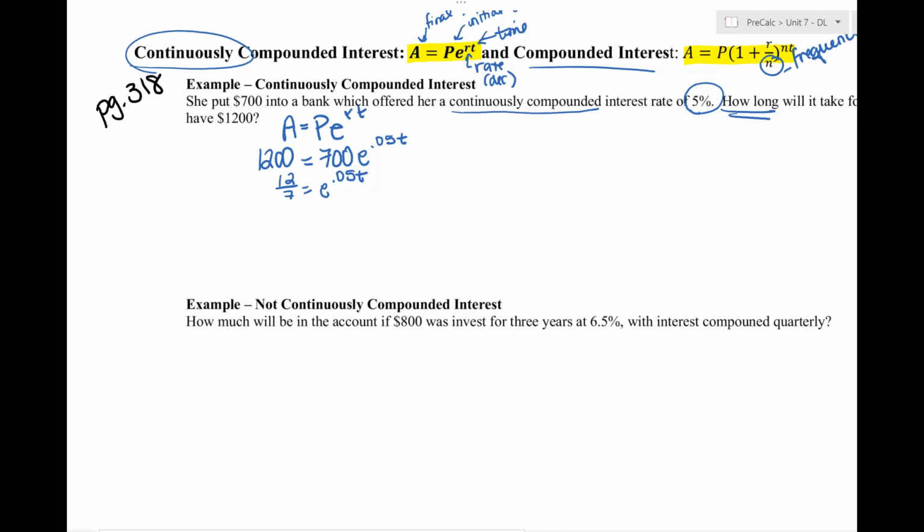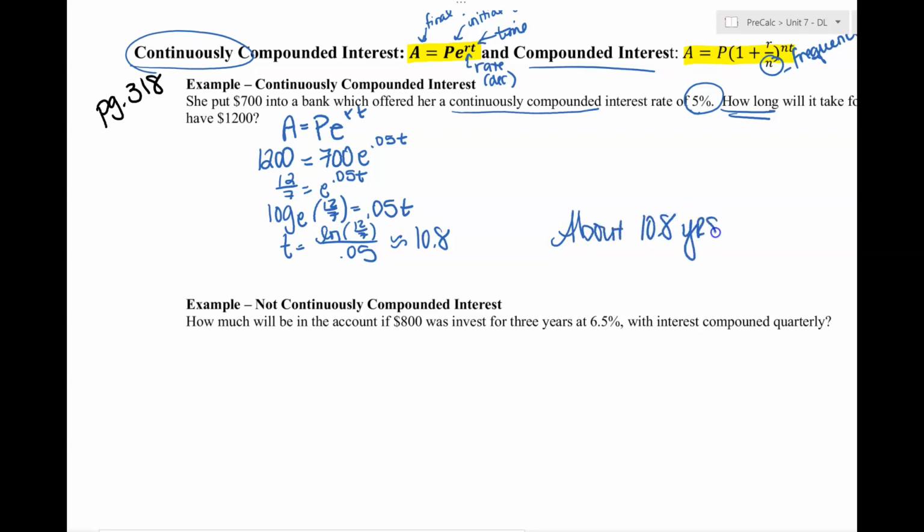So I'm going to take the log base e of 12/7 is equal to 0.05t. t is going to be, log base e is natural log, the natural log of 12/7 divided by 0.05, which is about 10.8. So we're going to say it will take her about 10.8 years to get her desired $1,200.